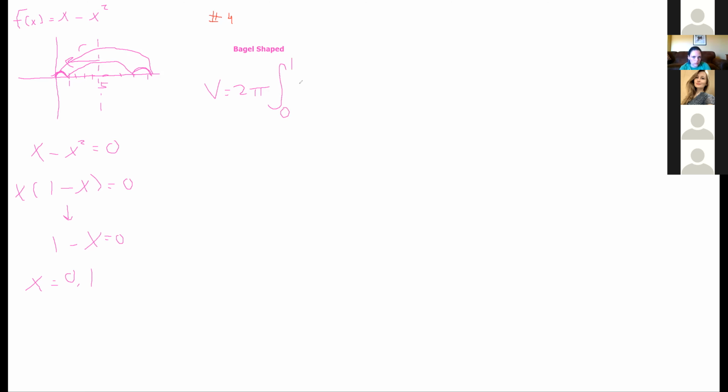And so the radius would be, because it's around the point 5, 5 minus x. And then the height of it is just x minus x squared dx. Yep. That's r and that's h. All right, and then now we can just multiply the two inside terms together.